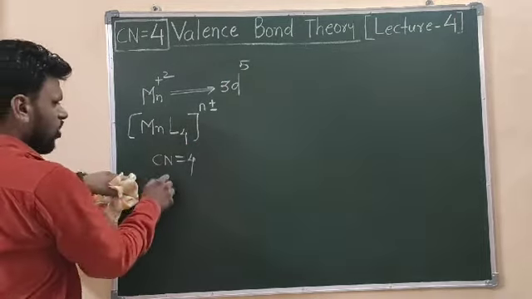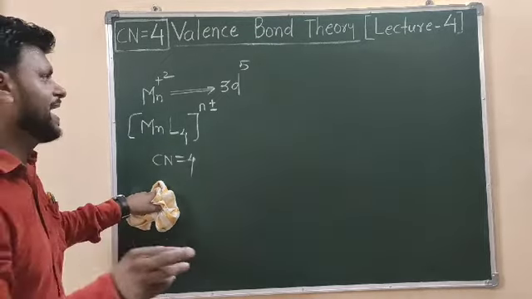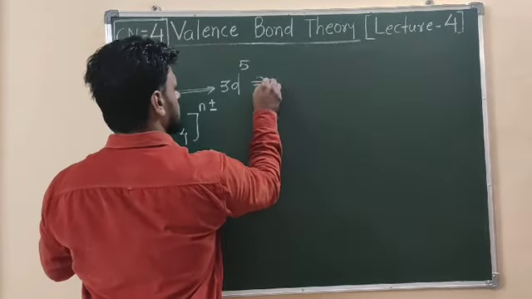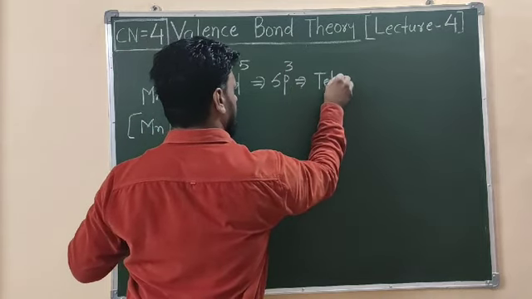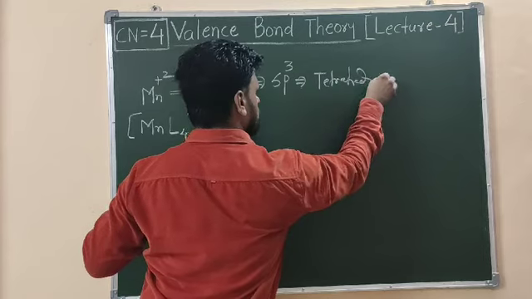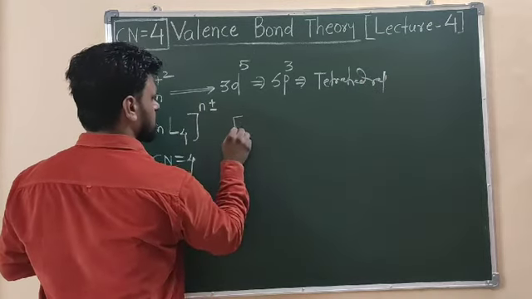In coordination number 4 with a weak field ligand, it always exhibits sp3 hybridization, and this is nothing but a tetrahedral complex. If you want, you can take many complexes of this type.